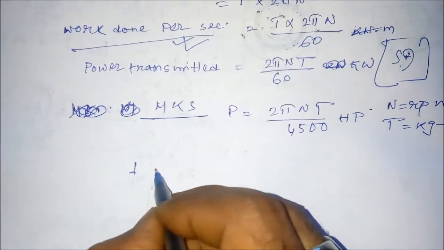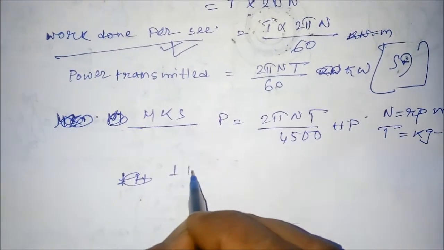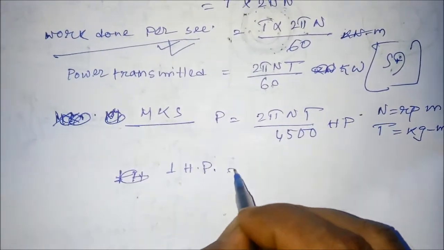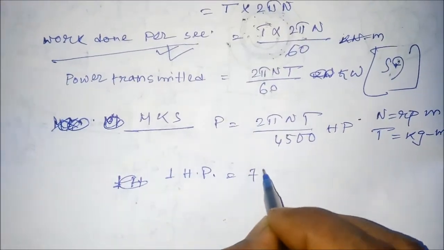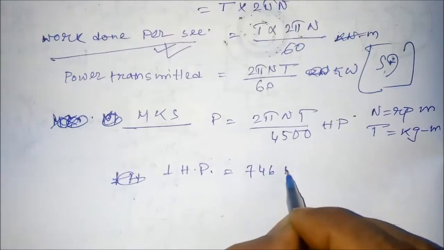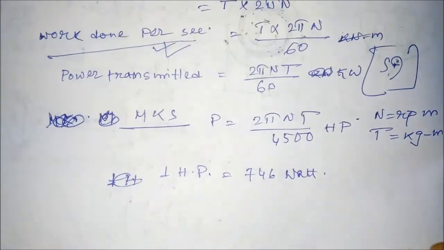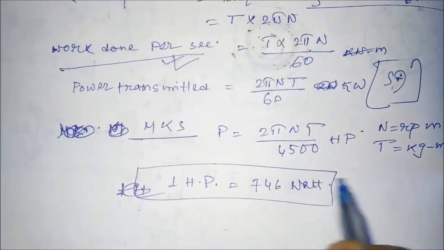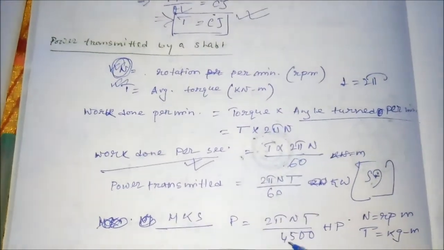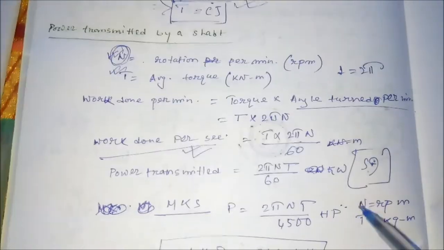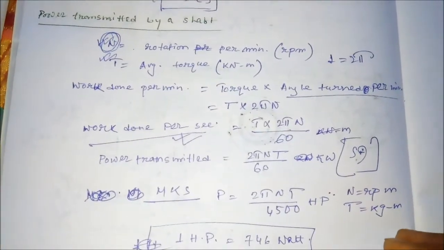And the relation between horsepower and watt is 1 horsepower is equal to 746 watt, right? So this is the power transmission of a shaft.